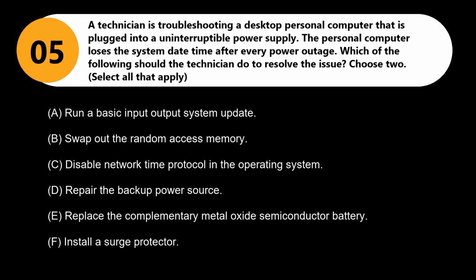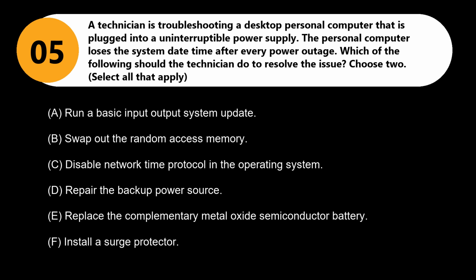Question 5. A technician is troubleshooting a desktop personal computer that is plugged into an uninterruptible power supply. The personal computer loses the system date and time after every power outage. Which of the following should the technician do to resolve the issue? Choose 2. Option A, run a basic input-output system update. Option B, swap out the random access memory. Option C, disable network time protocol in the operating system.